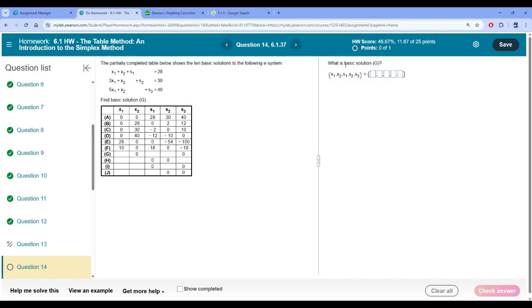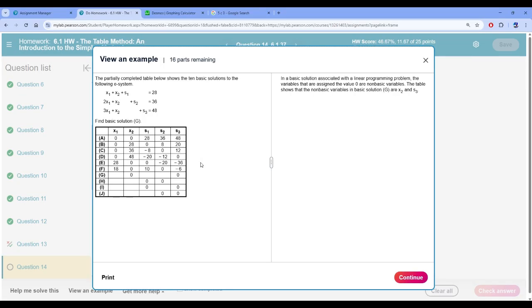All right, so what is the basic solution of G? I don't know what to write here.